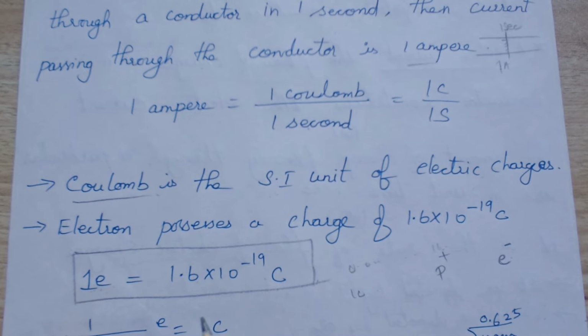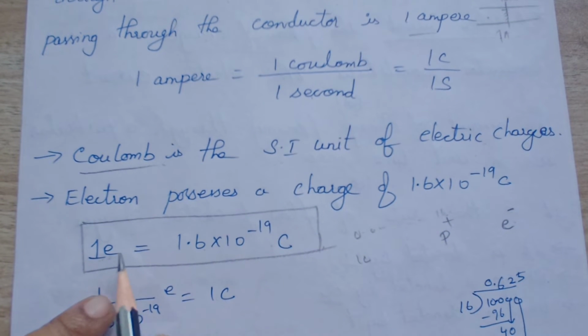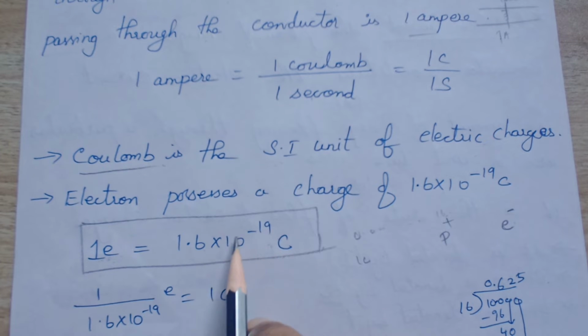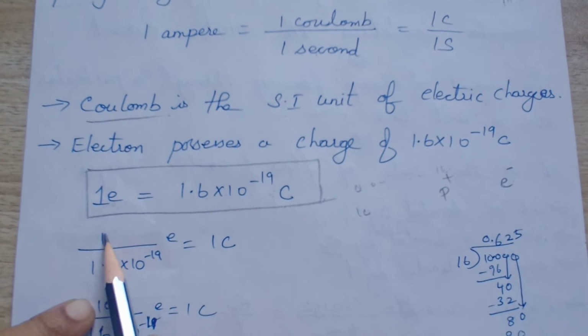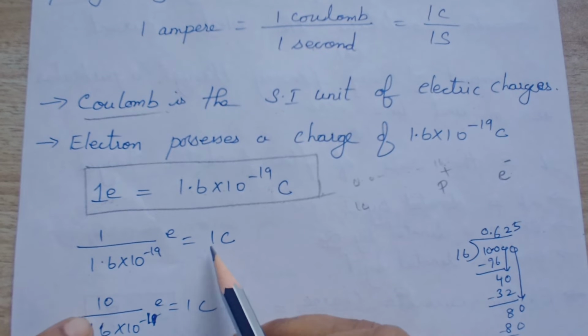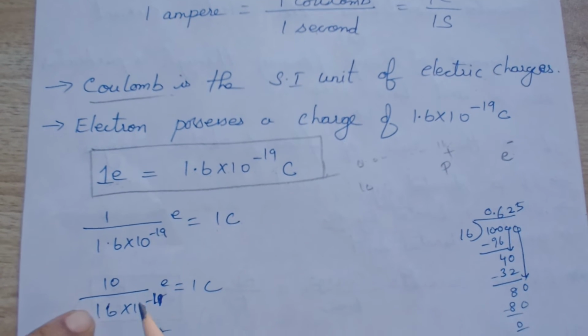That we need to calculate. 1 electron equals 1.6 into 10 to the power of minus 19 coulomb, so 1 coulomb equals what? Since it is multiplication, it comes down as division: 1 by 1.6 into 10 to the power of minus 19 electrons have to pass, which equals 1 coulomb.